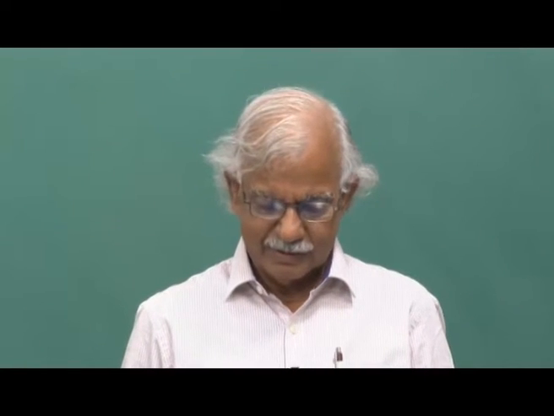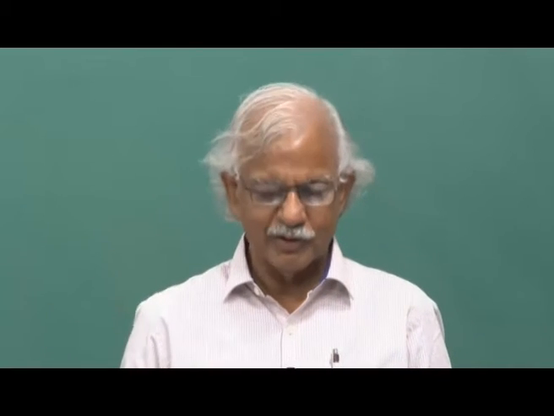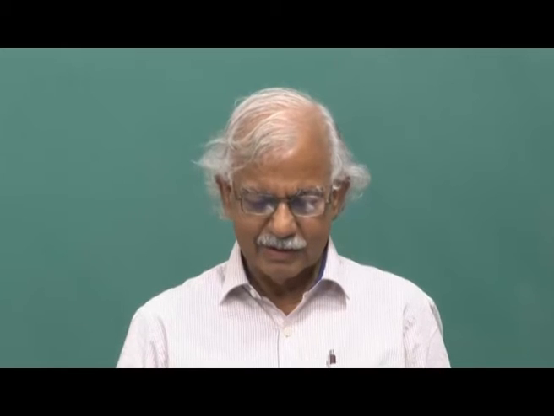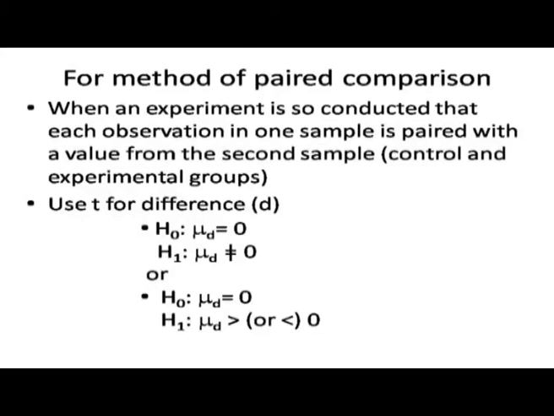Depending on whether you go for a one side test, when the alternative hypothesis is defined like this, or a two side test, this is the condition for the two side test, you will have the critical region on one side or both the sides, and therefore, the t values with which you will compare your calculated value of t will differ.